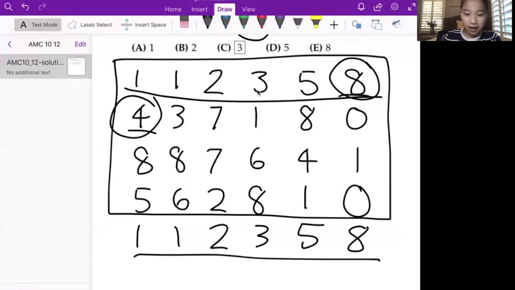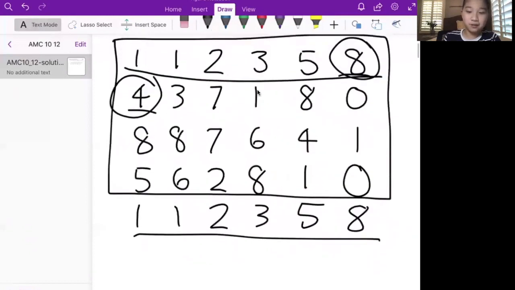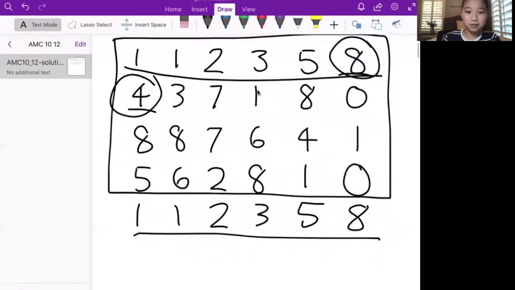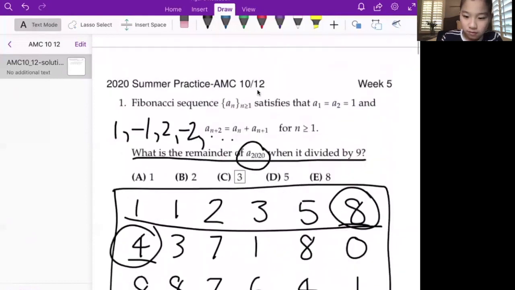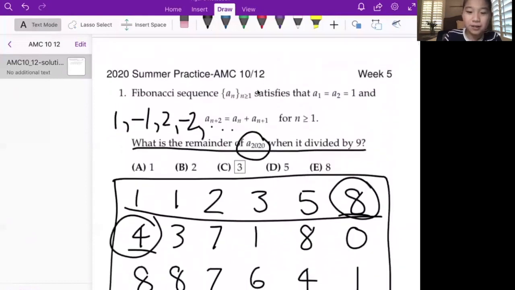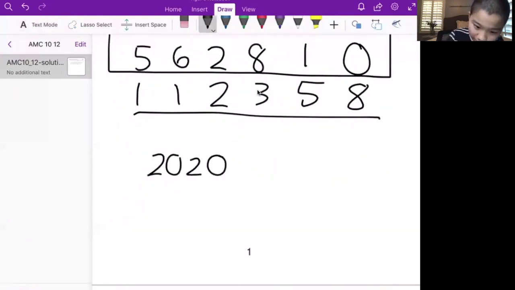And you can prove that by just saying that repetition doesn't do anything to the sequence. So every 24 numbers is going to go back to 1. So let's see what is the remainder when 2020 is divided by 24. So we subtract.